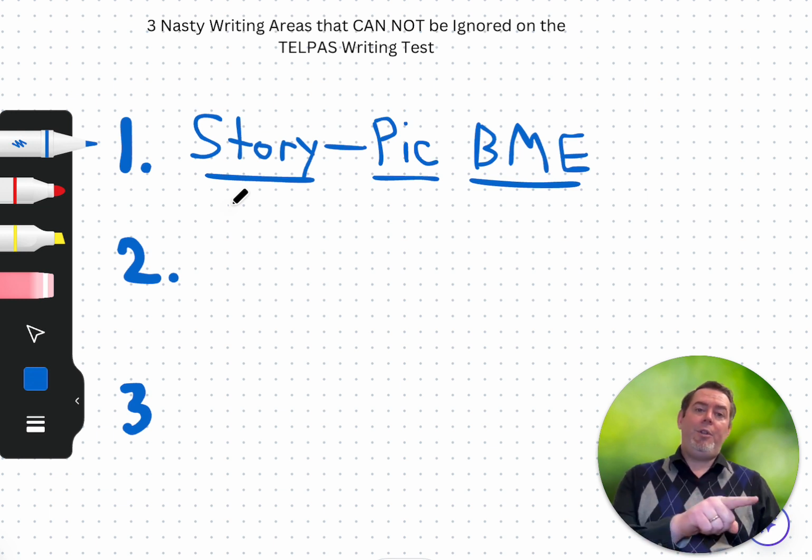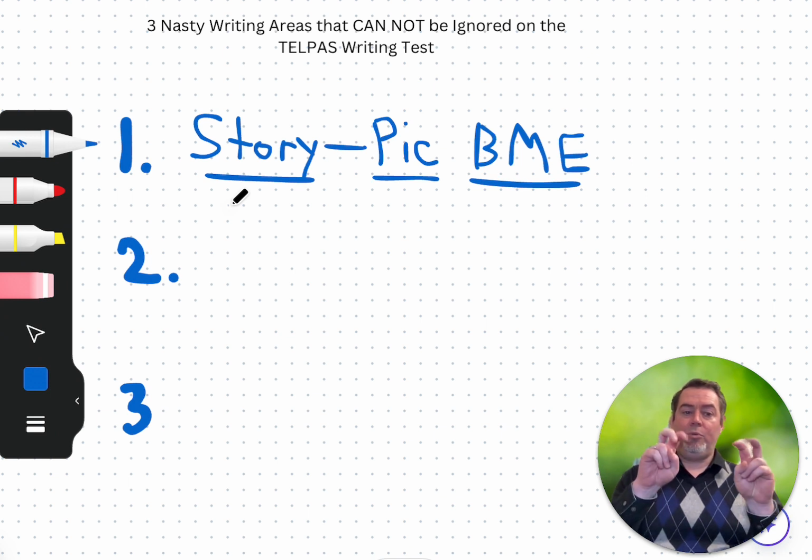And then they give them other parameters, like talk about the characters, talk about a problem, talk about how the problem was solved. So be going over how to catch those rules for the test. Very important.